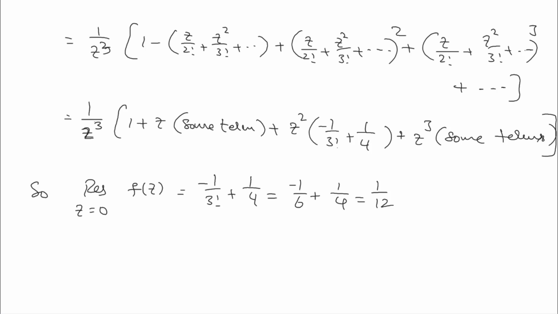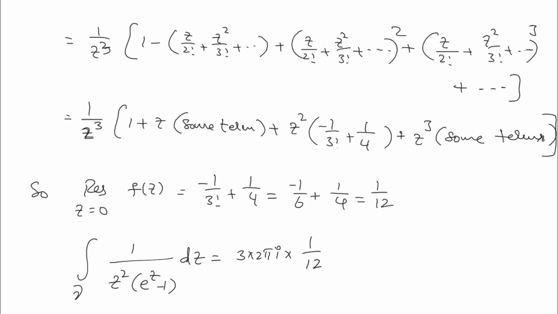So hence in total we have the integration over gamma of 1 divided by z square times e to the power of z minus 1 dz equal to 3 times 2 pi i times the residue 1 divided by 12, that is equal to 6 pi i divided by 12, that is pi i divided by 2, that is equal to 0.5 times pi i.